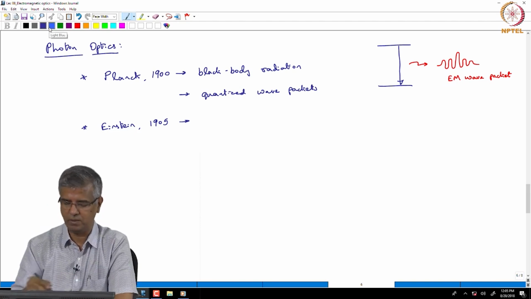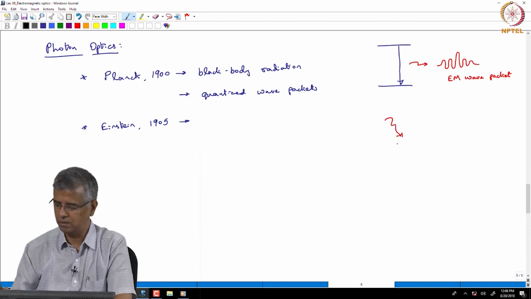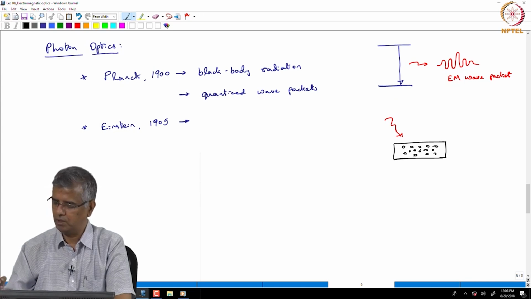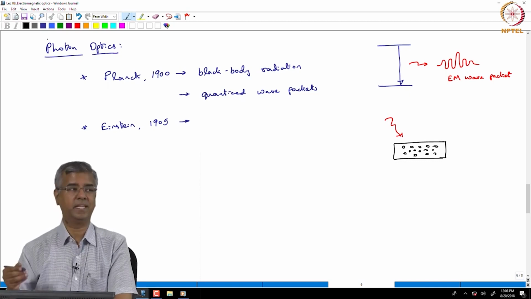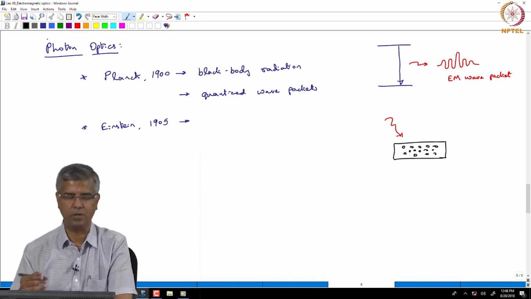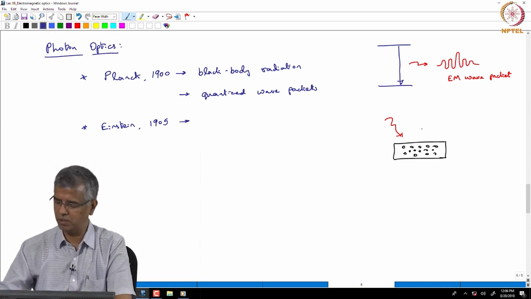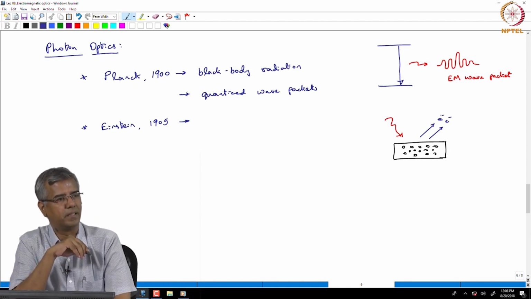Now, somebody had projected that when light falls on some material consisting of all these atoms, molecules, and if you have light of a certain kind, for example, ultraviolet light, the observation was that with that sort of light you could get electrons emitted from this material.